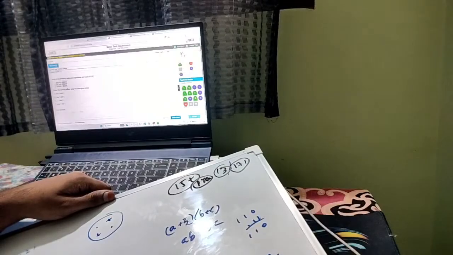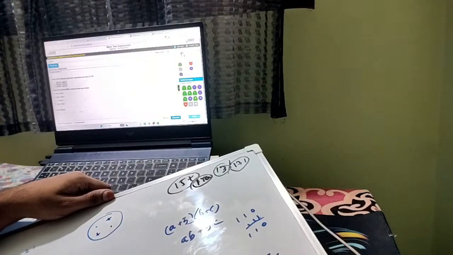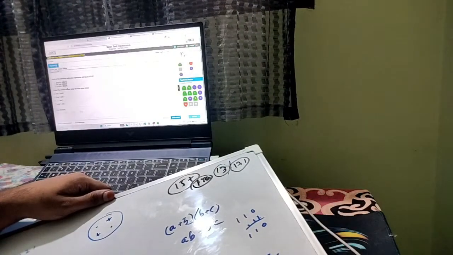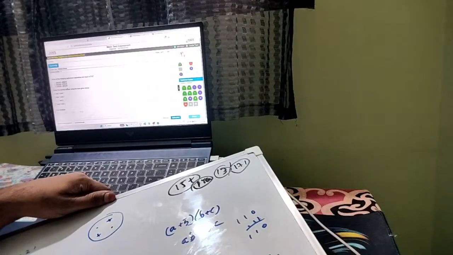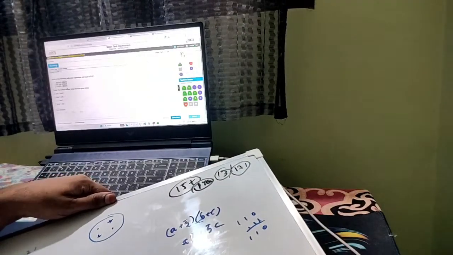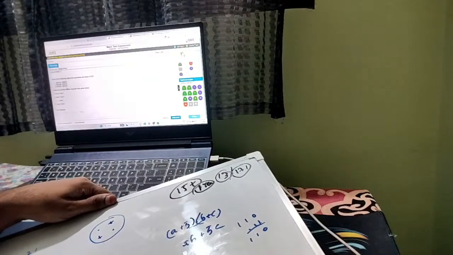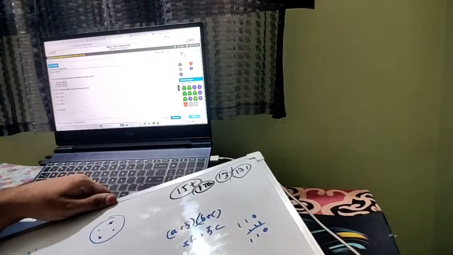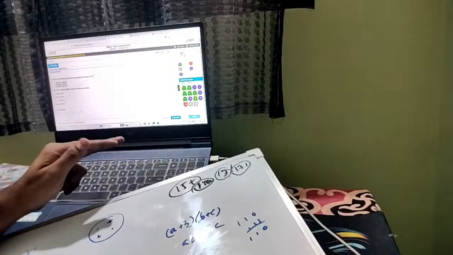It will become 1, 0, 0, 0. So what is the input? F16, just F16.